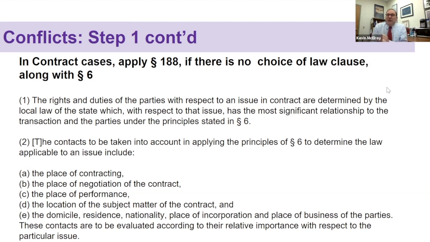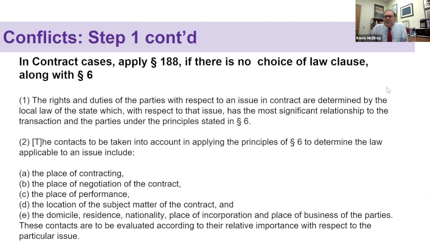The place of negotiation of the contract, which like torts is the place where the acts or omissions that caused the injury occurred. Okay. The place of performance, the location of the subject matter of the contract. If you're buying or selling a chattel, well, where is it located? That's something we're going to look at. All right. And the domicile, residence, nationality, the place of incorporation of the parties.